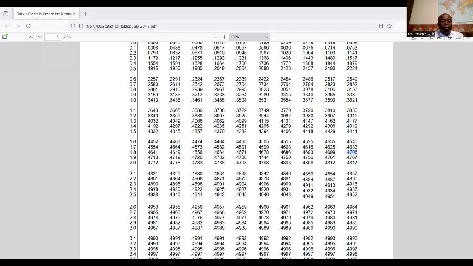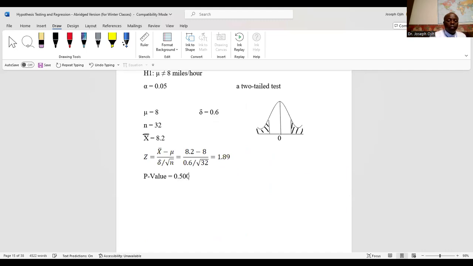So we're going to do 0.5 minus 0.4706. Now, because it is going to be two tails, you have to do 2 times that. If it's one tail like the other one we did, you can just subtract and get an answer.